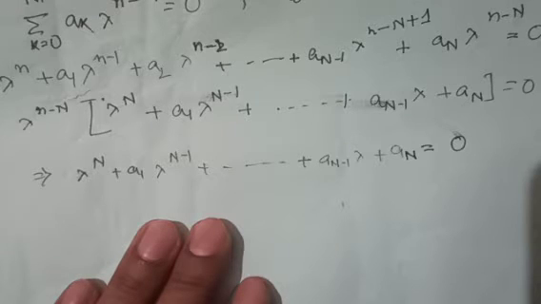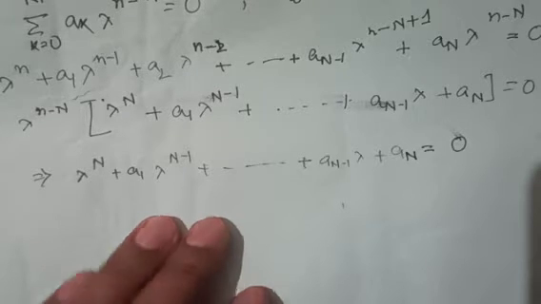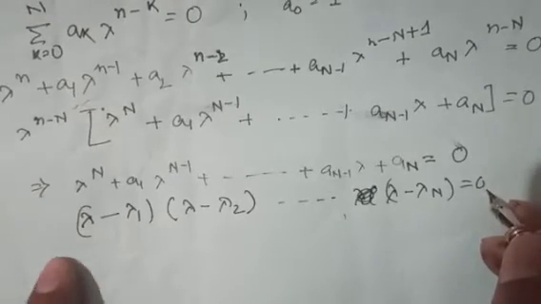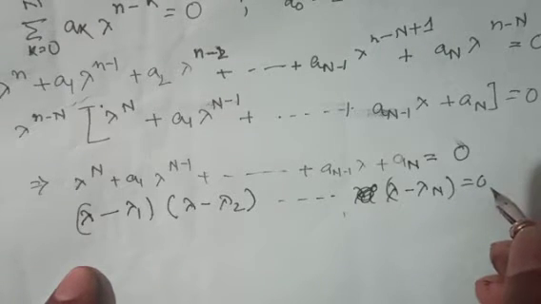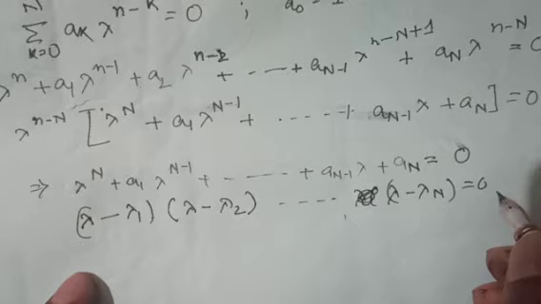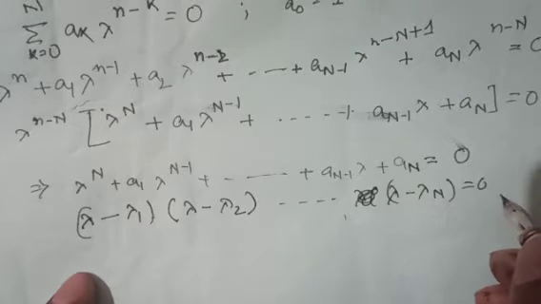Since the order is N, it is an Nth order characteristic equation, which can be expressed in factorized form as (lambda minus lambda 1)(lambda minus lambda 2) up to (lambda minus lambda N) equal to 0, where lambda 1, lambda 2, up to lambda N are the roots of the characteristic equation.